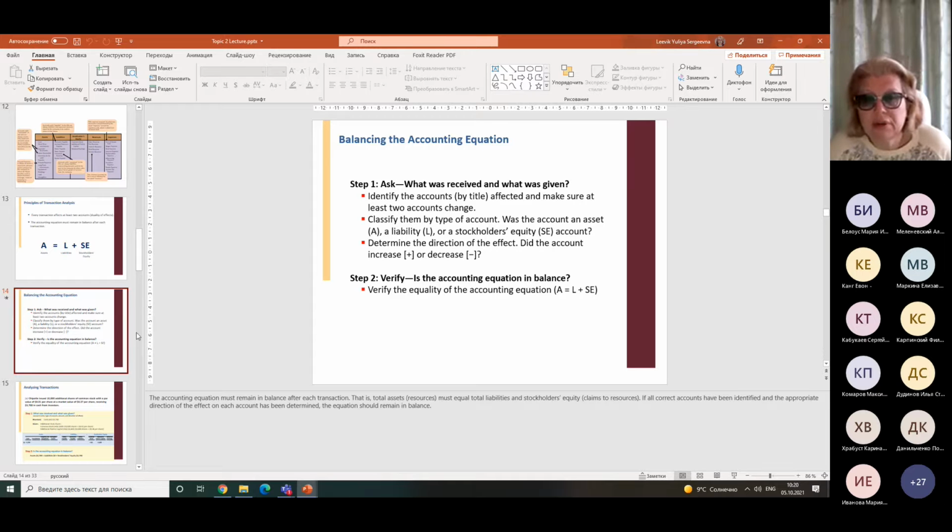In order to answer this question, first of all, we identify the accounts by title, then classify them by type: assets, liabilities, or stockholders' equity, and finally determine the direction of effect, plus or minus, two possible directions. And on the second step, we verify that the accounting equation is in balance.